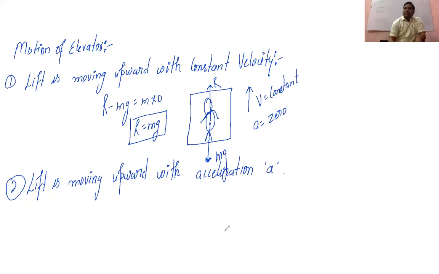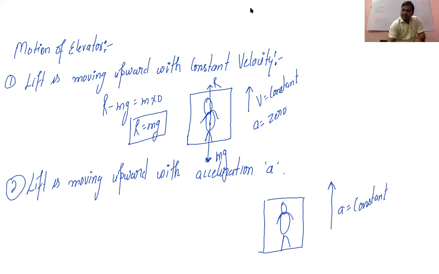Suppose this is the lift, and the person is standing in the lift, and the lift is going in the upward direction. Here a is constant, and the lift is moving upward.